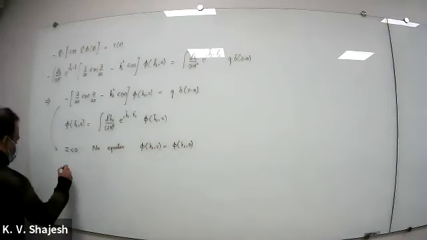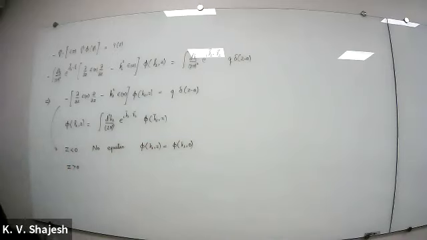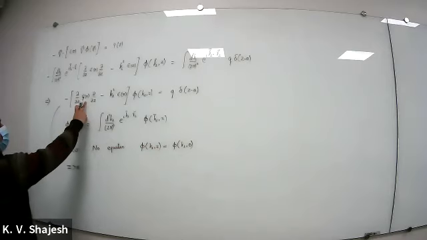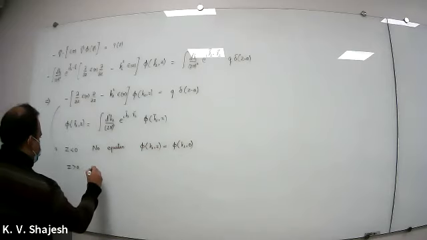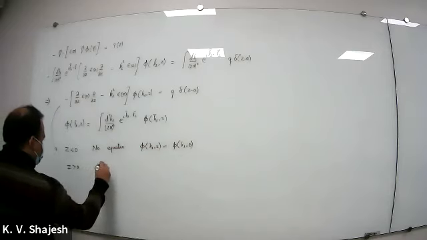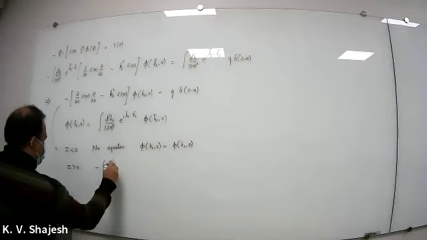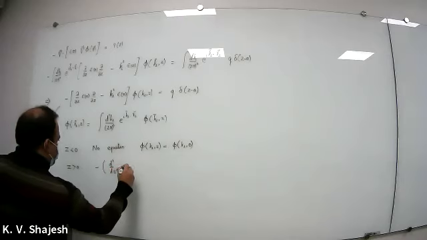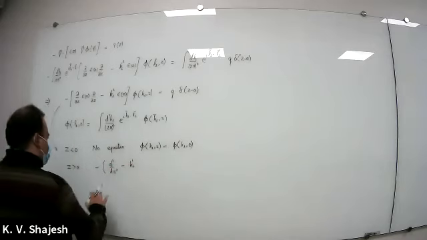What about z greater than 0? For z greater than 0, this is just epsilon naught, so that's minus d squared by dz squared minus k_perp squared.